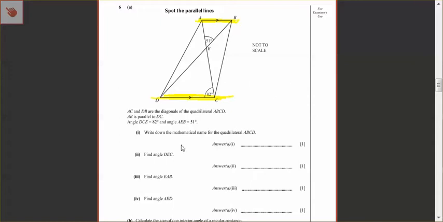But the name for the quadrilateral is a trapezium.